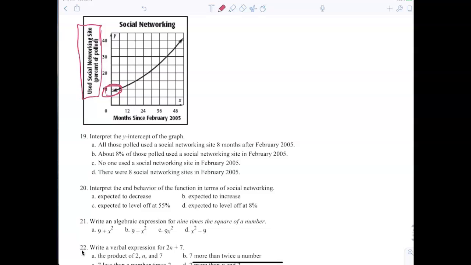All right, since February 2005, there were 8 social networking sites in February of 2005. Everybody okay with that? The y-intercept is just the initial amount.